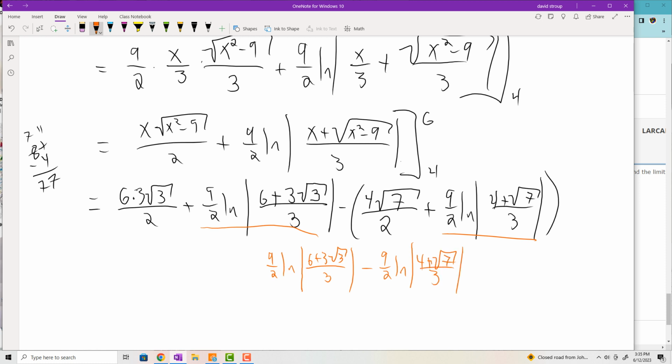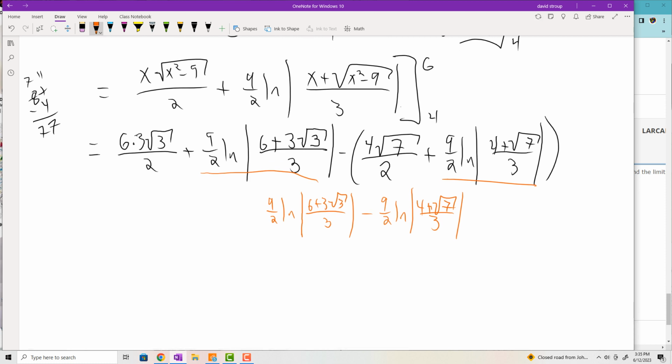And then to combine those, the difference of logarithms is the logarithm of the quotient. Okay, so you can factor out the 9/2, and then you'll have ln of the absolute value of 6 plus 3 root 3 over 3 divided by the 4 plus root 7 over 3.